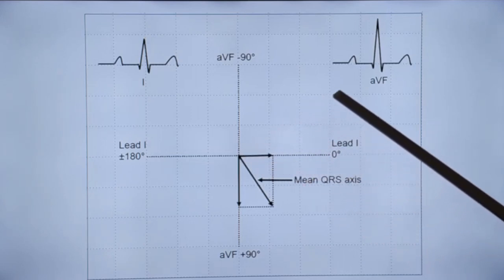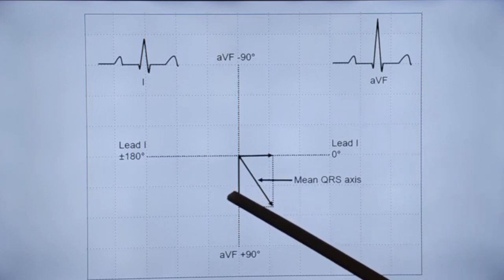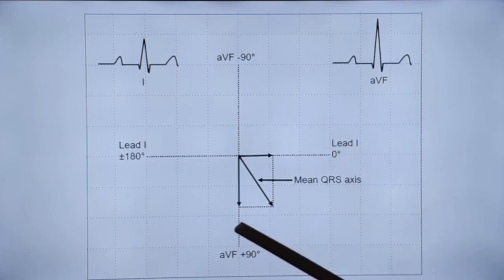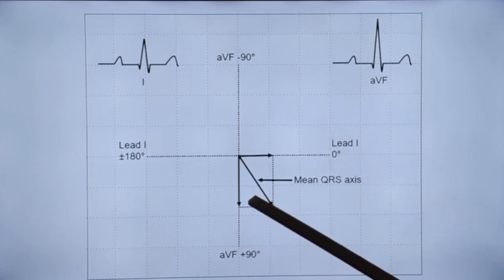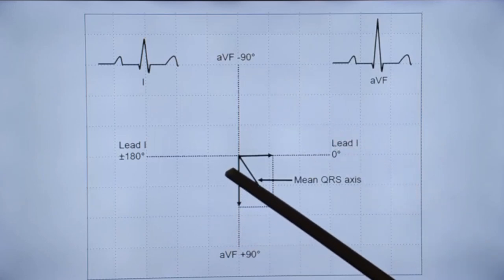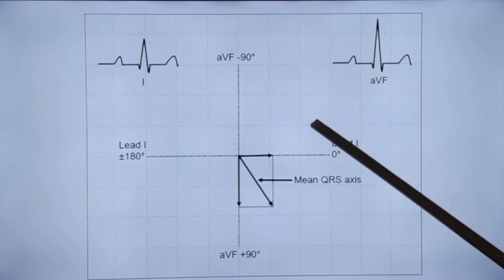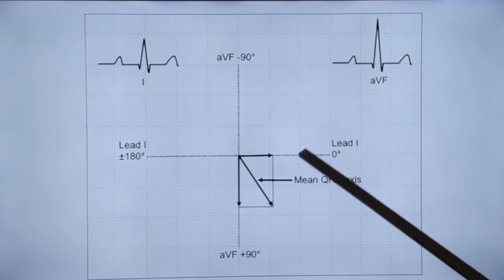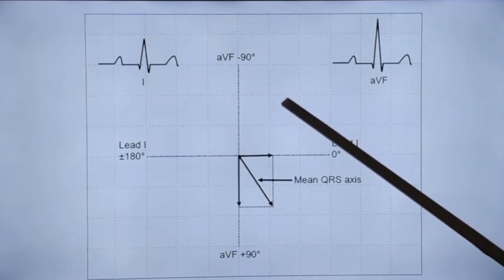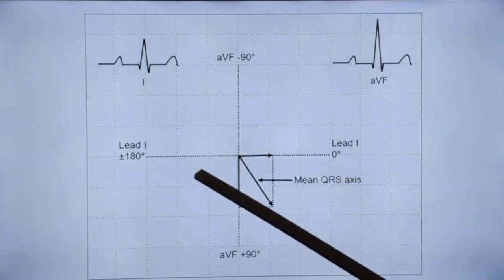If it is less than, say, minus 30 degrees, that is in this region, it is taken as minor left axis deviation, and if it is beyond that, it is taken as true left axis deviation. Sometimes up to minus 30 is also called leftward axis. A true left axis deviation is in this quadrant, beyond minus 30 to minus 90.